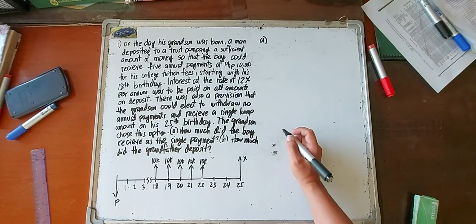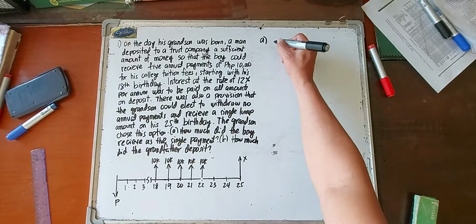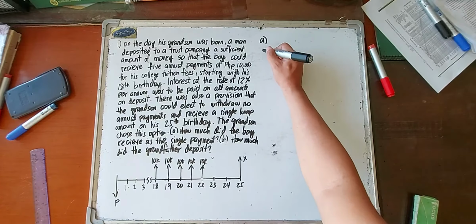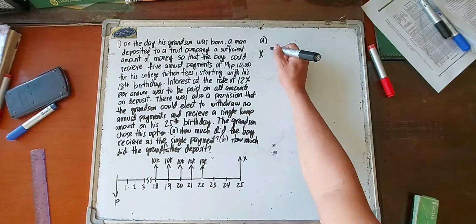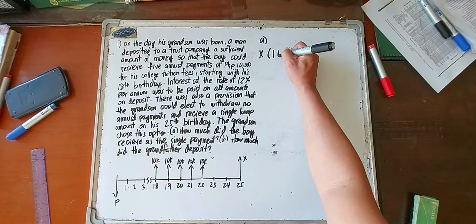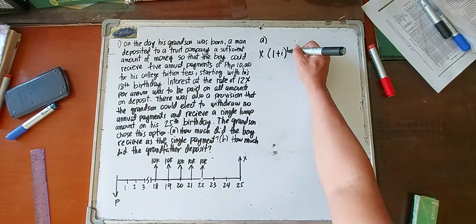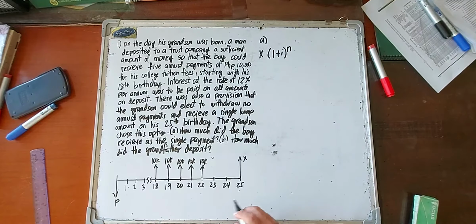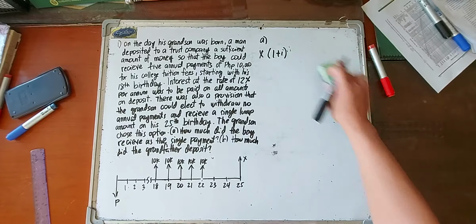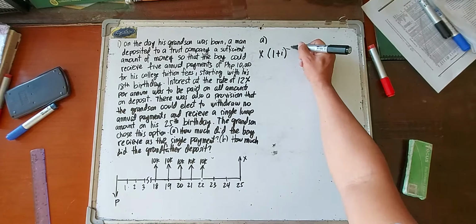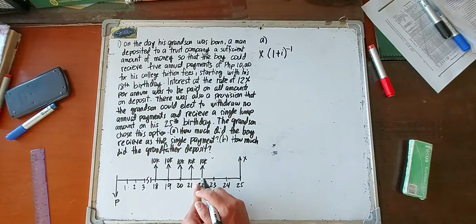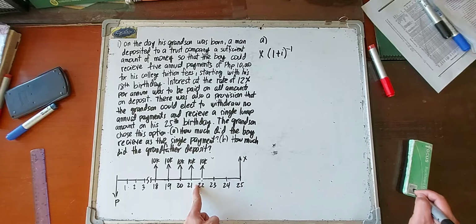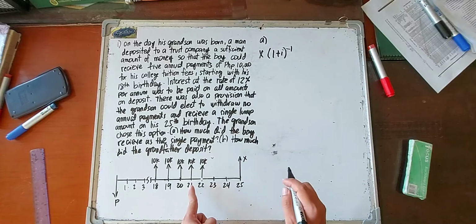Compound interest. So that would be equal to, magsuratan, x times (1 plus i) raised to n. N in this case is negative, since to the left yun, no? Pag to the right yung movement natin, that should be positive.